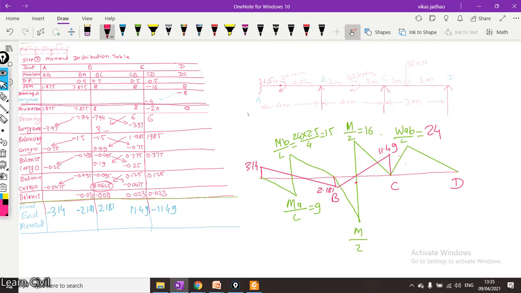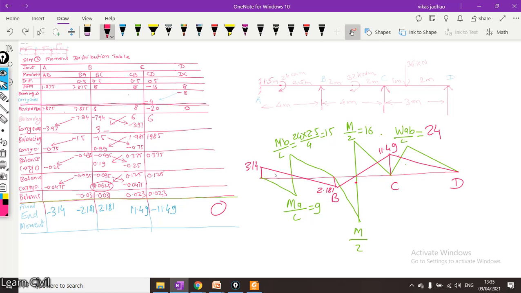Next for CD, it is negative 11.49, so we have to draw on the anti-clockwise face, which is already drawn, and at point D for DC we have zero bending moment, so just draw this point. These are your negative bending moment values.